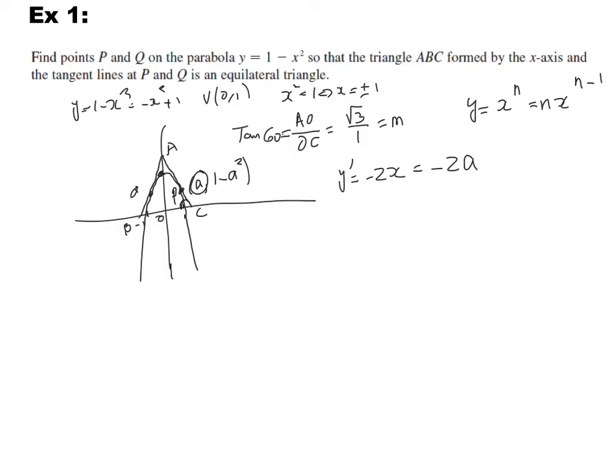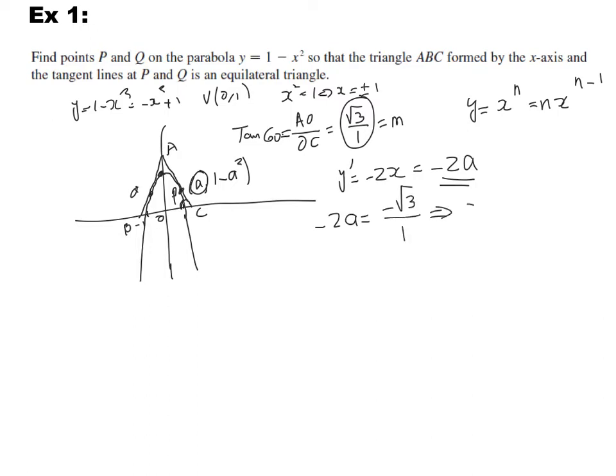This means then the slope of this line, which is going to be rise over run, has to be equal to negative 2a. But as you can see, the line AC is falling, so the slope is negative. And the slope we found, the absolute value of the slope, is square root of 3 over 1. So we can say negative 2a is negative square root of 3 over 1.